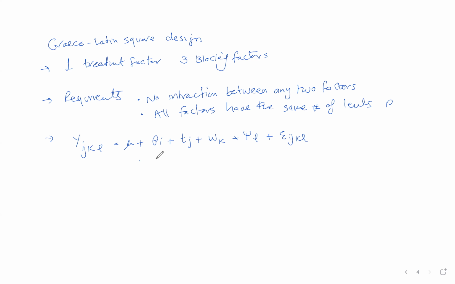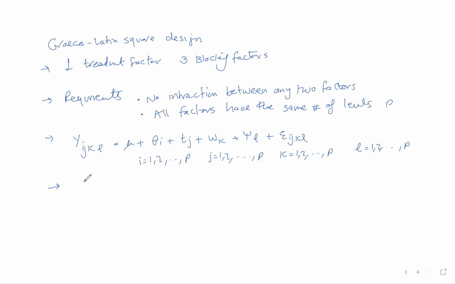And I is 1 up to P, J is 1 up to P, K is 1 up to P, L is 1 up to P. They have the same number of levels. If one of them doesn't have the same number of levels, you shouldn't use Greco-Latin square design. You should use some other design.